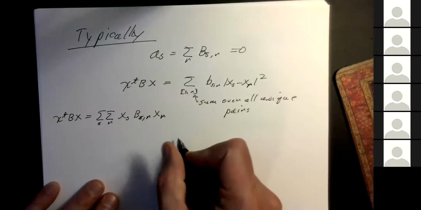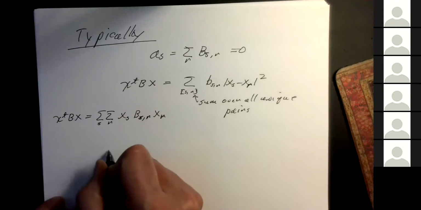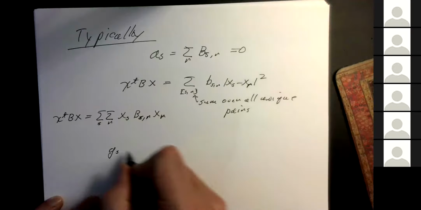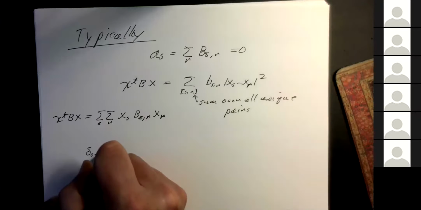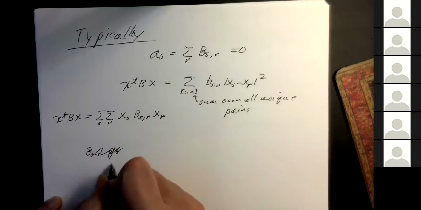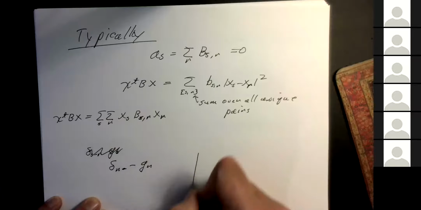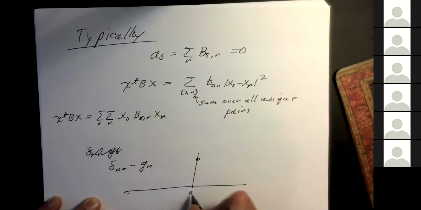Because usually what ends up happening is, if you remember the non-causal prediction filter, it's going to be G of N equals delta N minus G of N, right? So there'll be a 1 here at N equals 0, and then here there'll be a minus 1/2 and a minus 1/2.